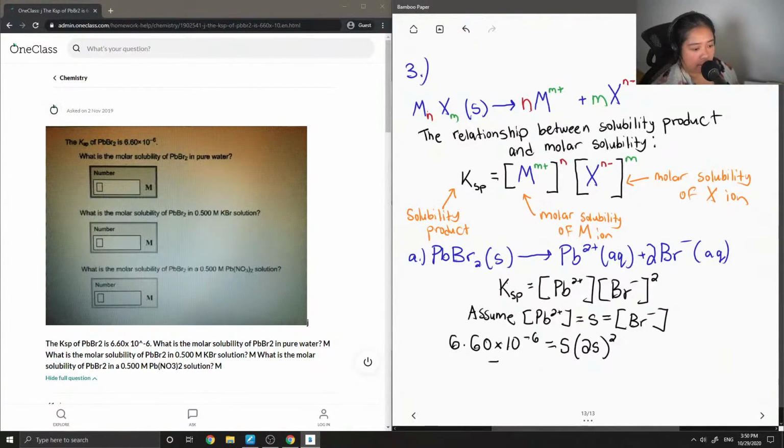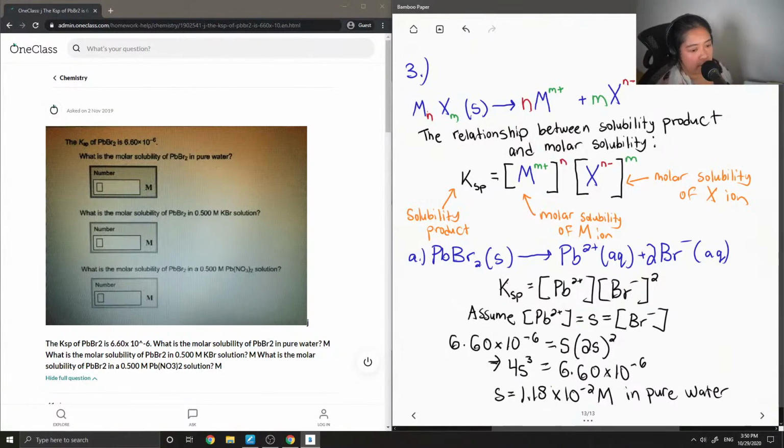Okay, so now we just have to do a bit of math and try to isolate for S. So 4S cubed is equal to 6.60 times 10 to the negative 6. And this gives us a value of 1.18 times 10 to the negative 2 molar in pure water.